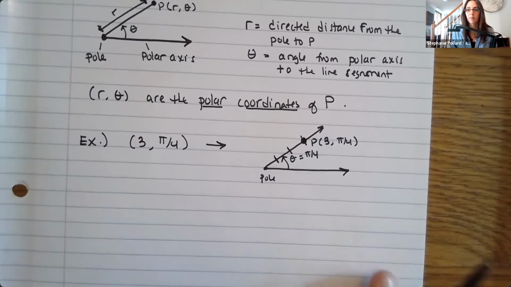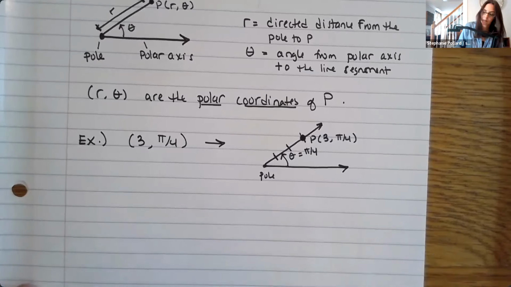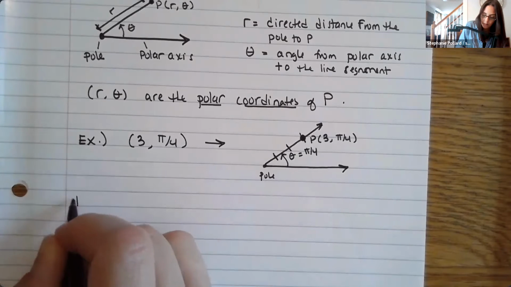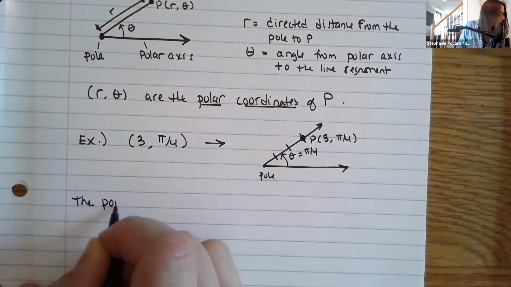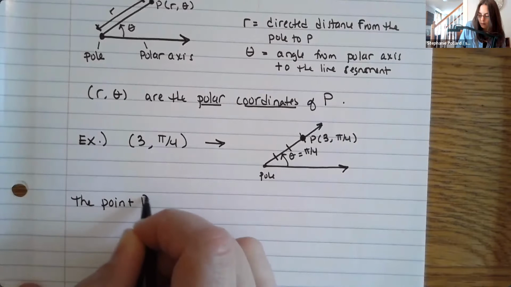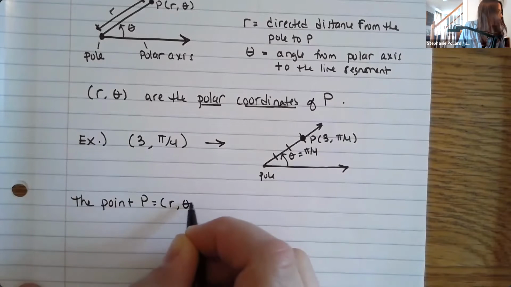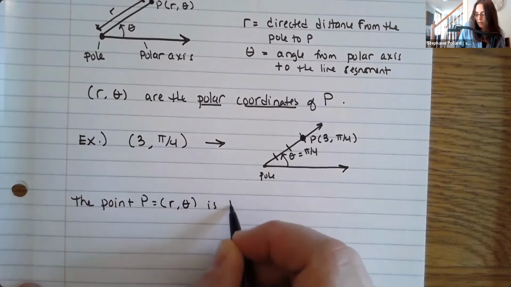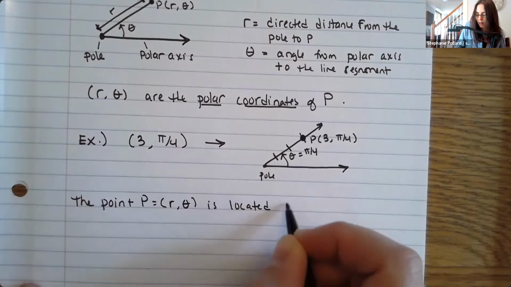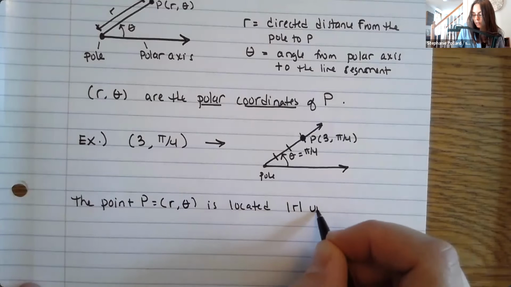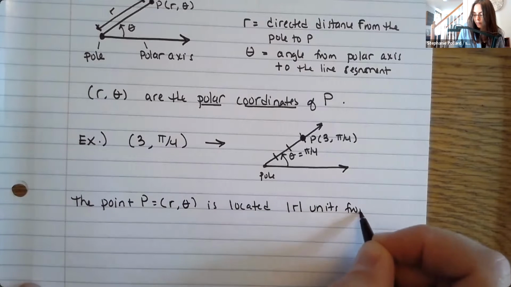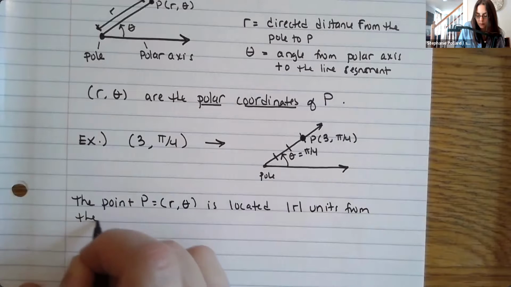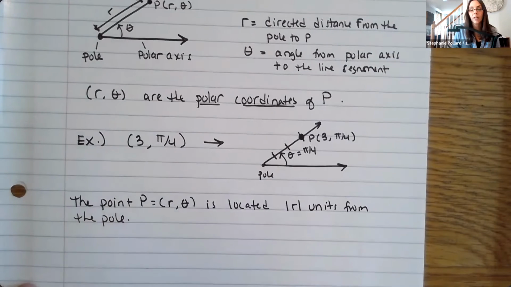Okay, so let's write this more formally now. The point P, which is R comma theta, is located absolute value of R units from the pole. And you can see that here.